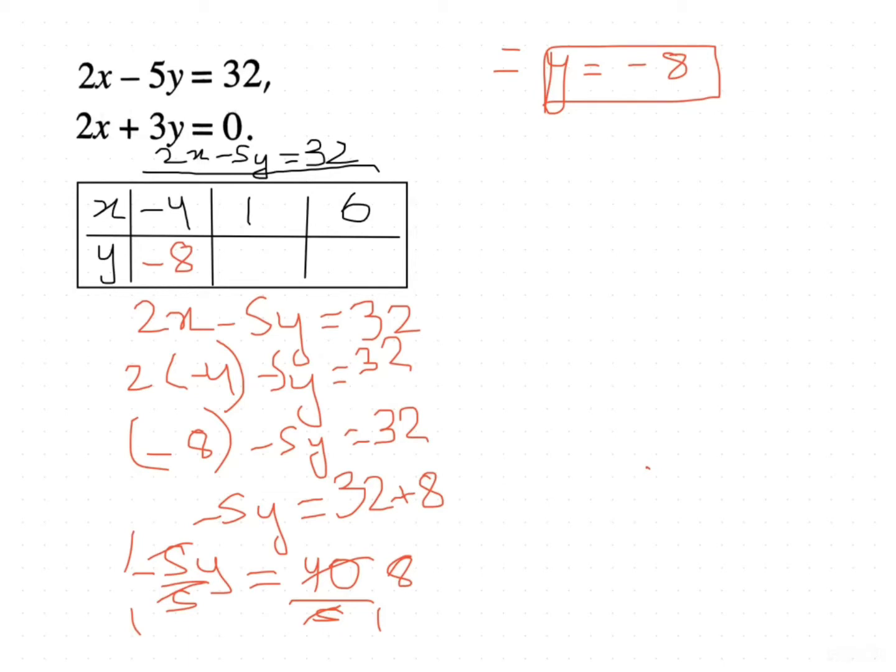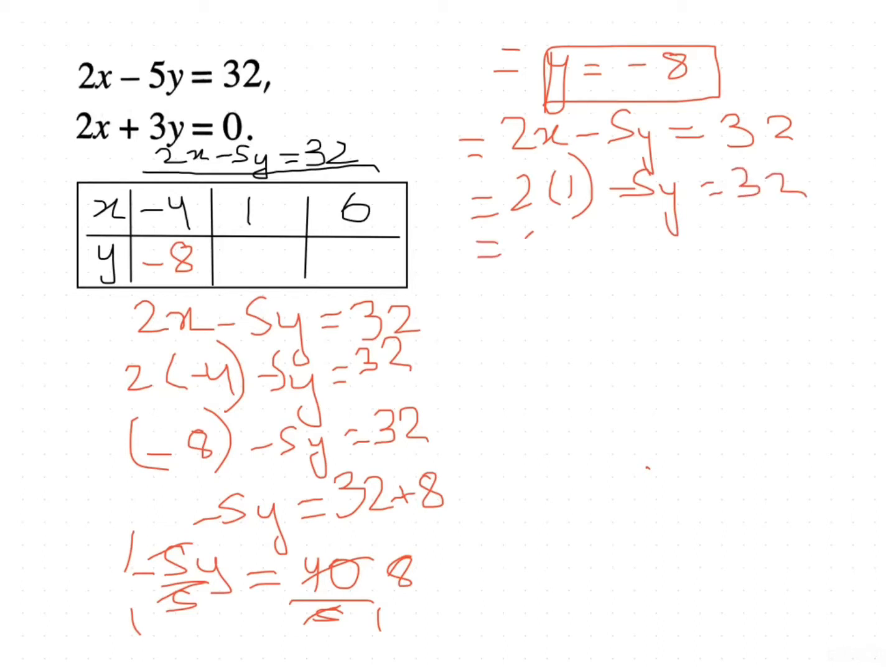Now the second value of x is 1. When x equals 1, let's find y. 2x minus 5y equals 32. The value of x is 1, so 2 minus 5y equals 32.